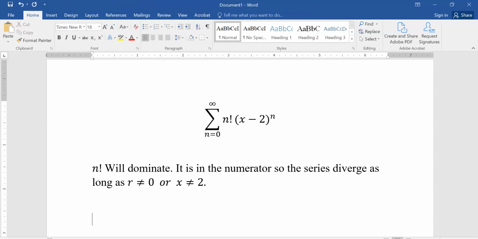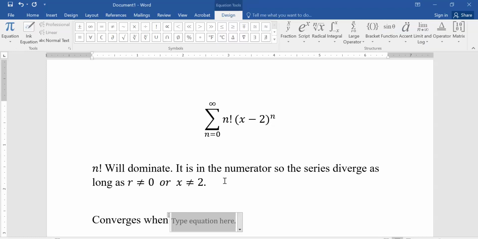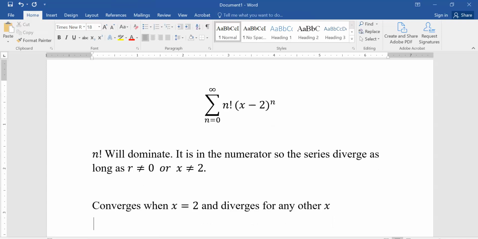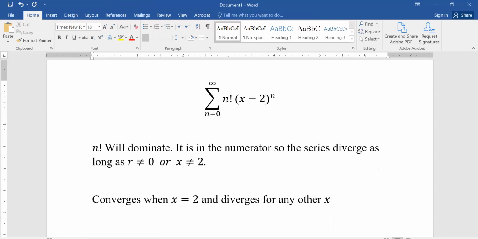So this is the situation which converges only when x is 2 and diverges elsewhere. So it converges when x is 2 and diverges for any other x. Okay, any other number you plug in for x.